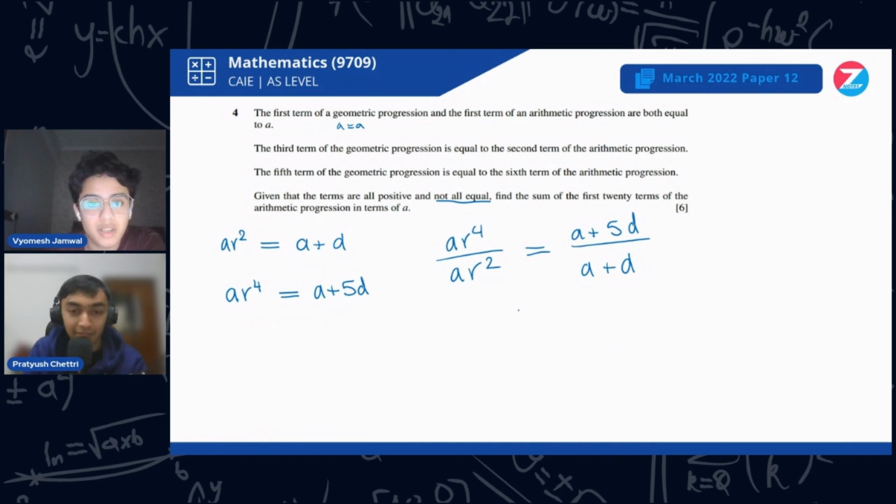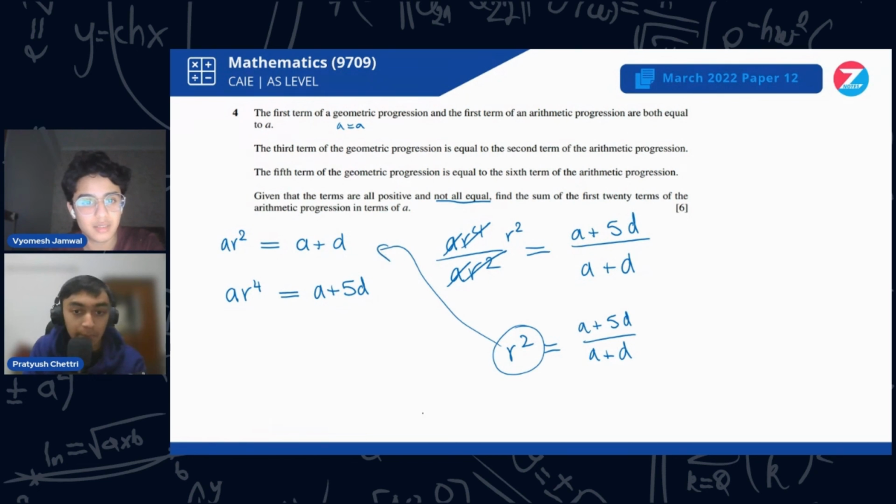So I'm going to get r squared equals that. Then I could put that back into the first equation that we had. So a times (a plus 5d over a plus d) is equal to a plus d. And I'm going to multiply by a plus d on both sides.